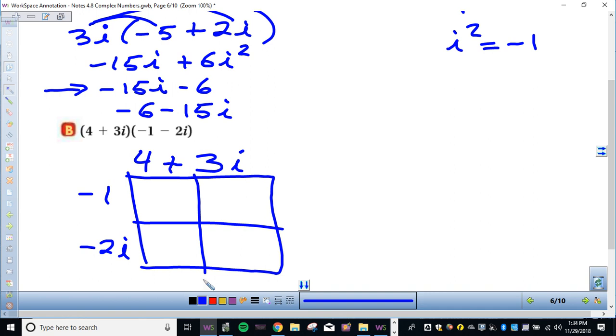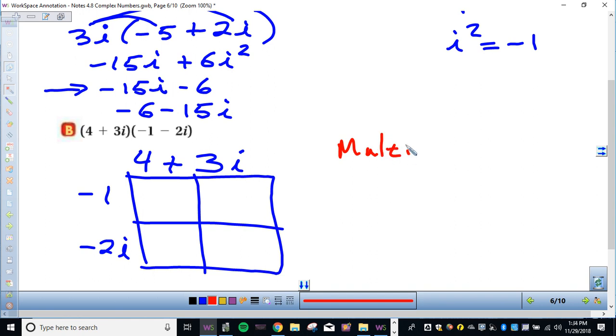Back to notes. You can use regular FOIL. I just find students make more mistakes doing the regular FOIL method, but if it works better for you, that's totally fine. The reason I like the box method is because you get 4 different things in the box, which gives me opportunity to give you more partial credit. When you do the box method, you multiply on the outside, combine like terms on the inside. So if you don't know that, that's a good thing to write down.